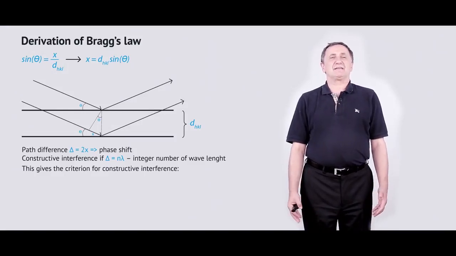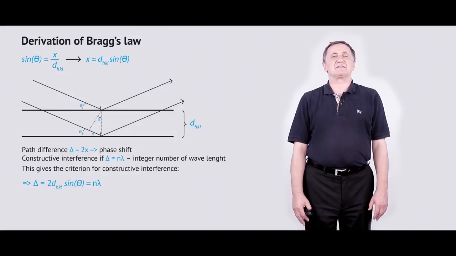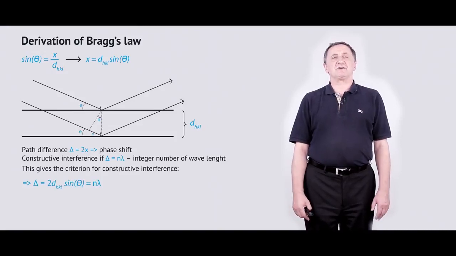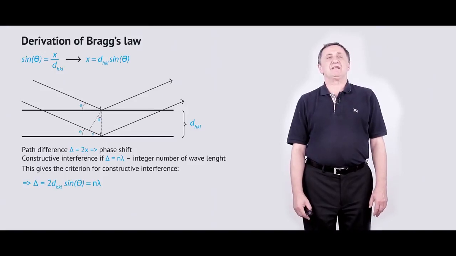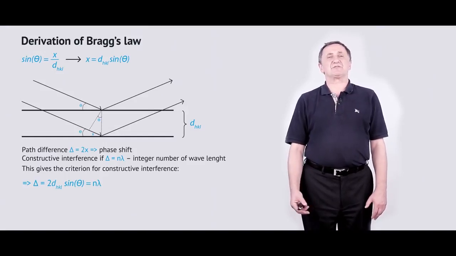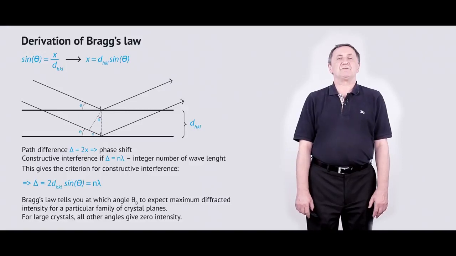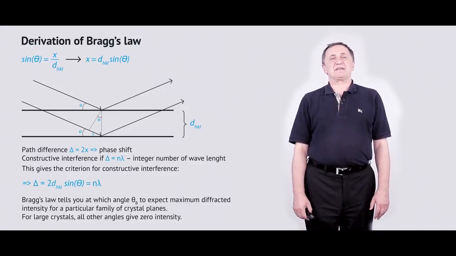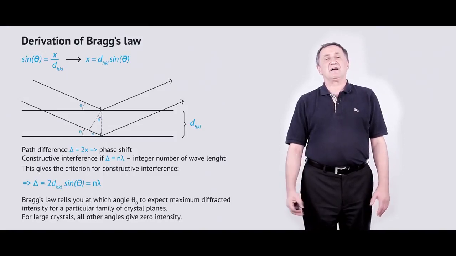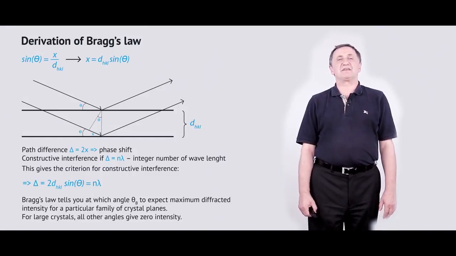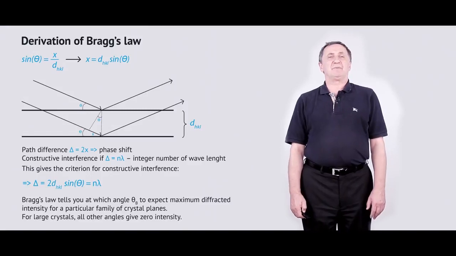So this screen gives you a little more idea how one can derive this famous Bragg formula. Now again, the general statement is that constructive interference can be observed only if the difference in paths of the two beams, delta, equals an integer number of wavelengths, assuming that we know the wavelength of the used X-ray beam.